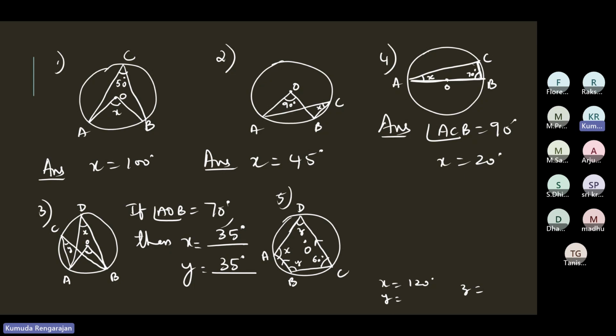Danya, please justify that. Adjacent angles of a cyclic quadrilateral are supplementary, ma'am. So how much did you say? 60, yeah? Yes, ma'am.